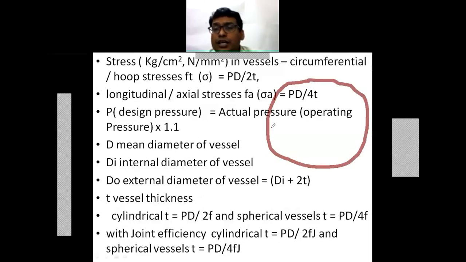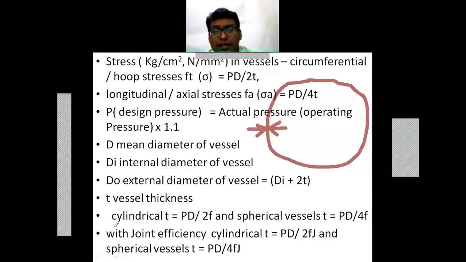So D is the average or the mean diameter. Di is my internal diameter, plus the thickness. This is the thickness, and the inside is my internal diameter.